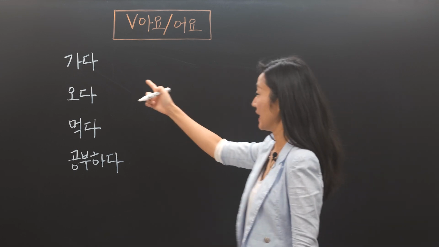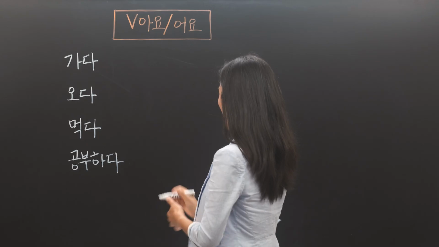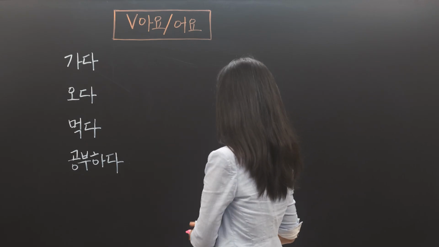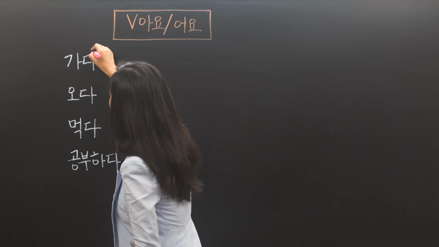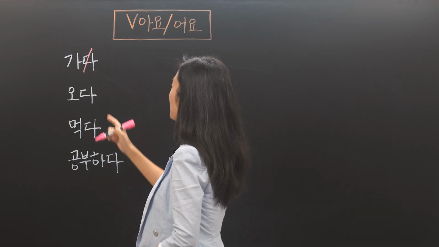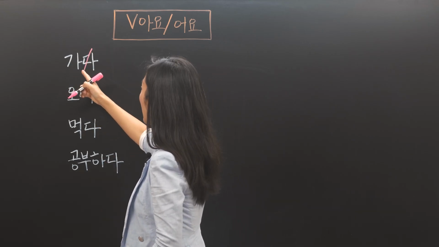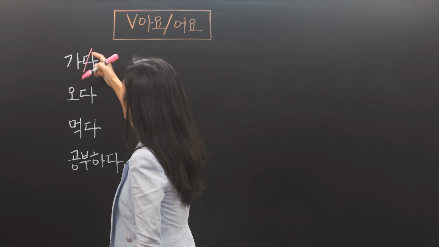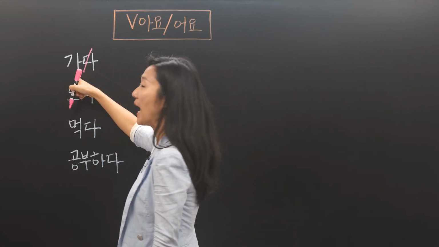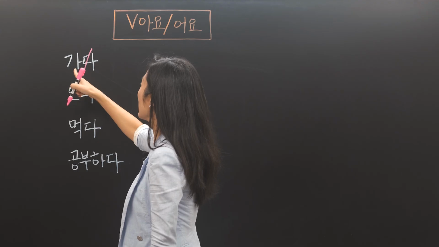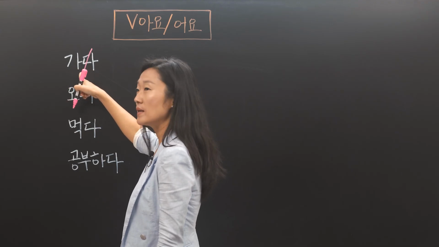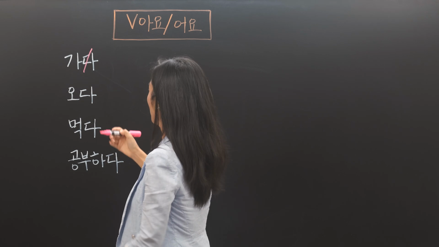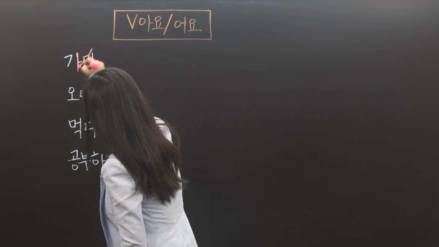So, 가다, to go. We have to remove first 다 from the infinitive. So, 가. And look at the last vowel. The last vowel is a. So, if the last vowel is a, we add ayo. So this is a.